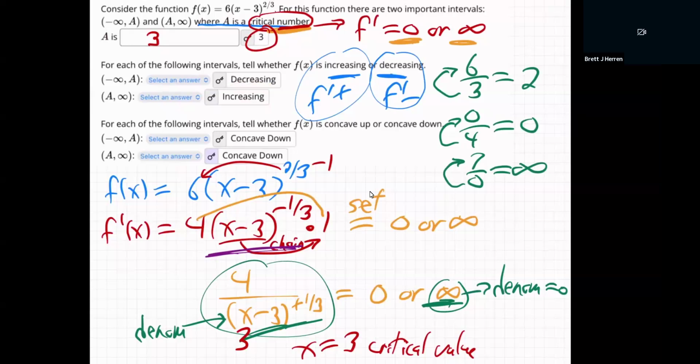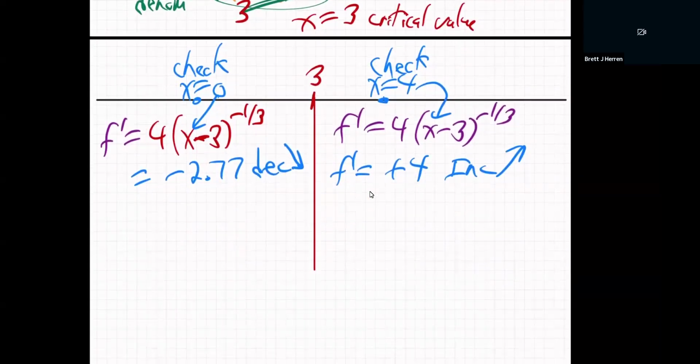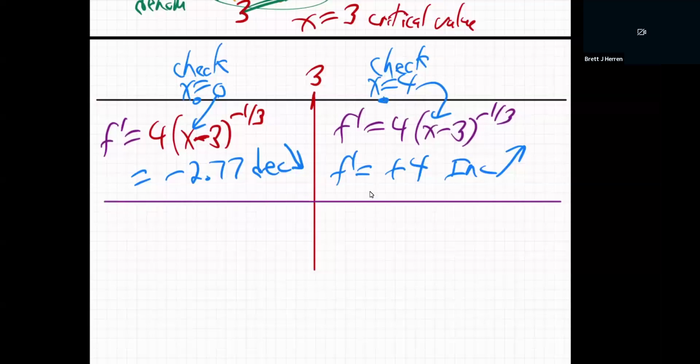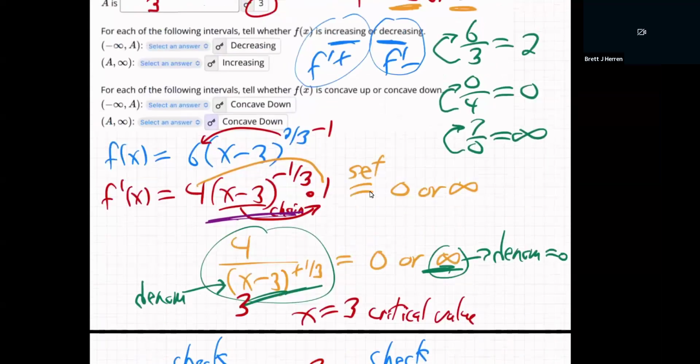Finally, they want us to say, is it concave up or down before a and after a? Well, we're going to do the same kind of test here. I'm going to draw a line and do a fresh test. Now I'm wanting f double prime, because that's all about concavity.